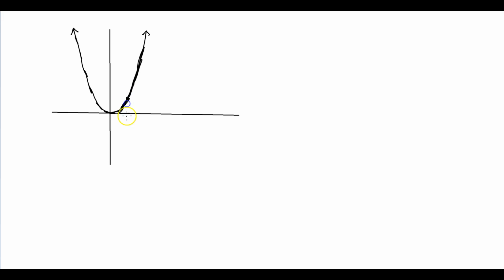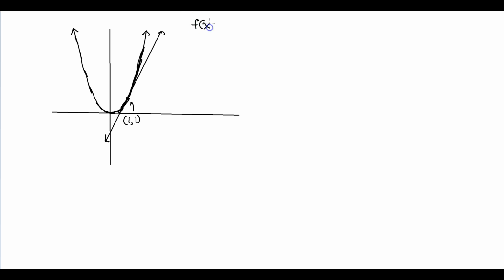So let's say this is 1, 1. The tangent line at that point is this. What is this tangent line? We're going to use this tangent line to approximate.